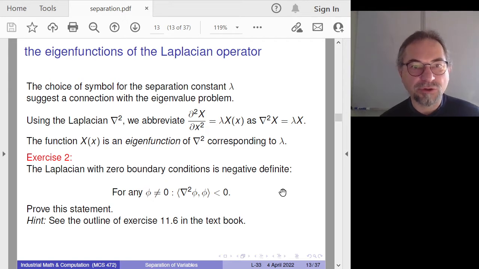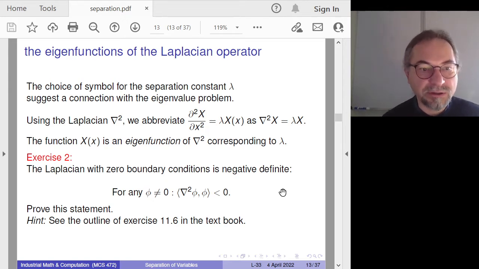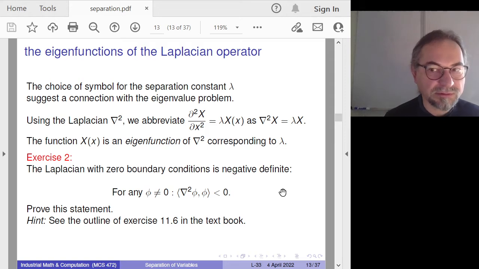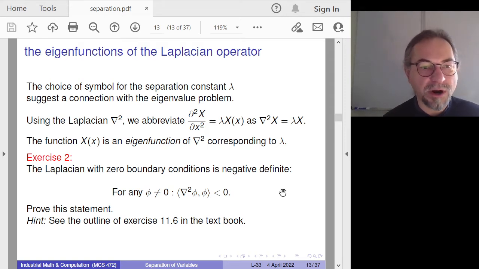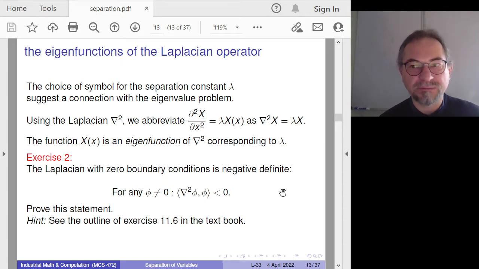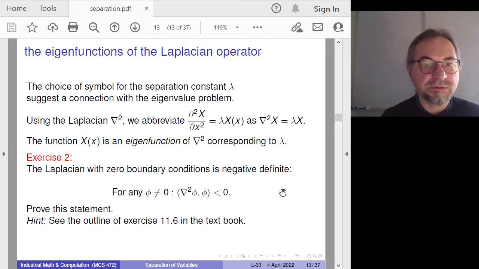In some sense, this course does not prepare well for the rigorous mathematics, so the exercise is marked with a star in the textbook. To prove this statement, follow the outline in the textbook. The exercise itself goes more in depth and is somehow a tangent, a sidetrack, if you want to solve problems. But the notion of eigenfunctions and eigenvalues is important.